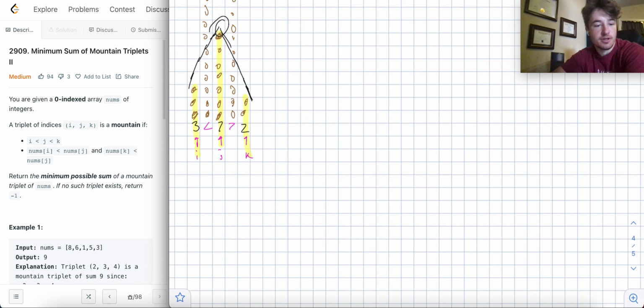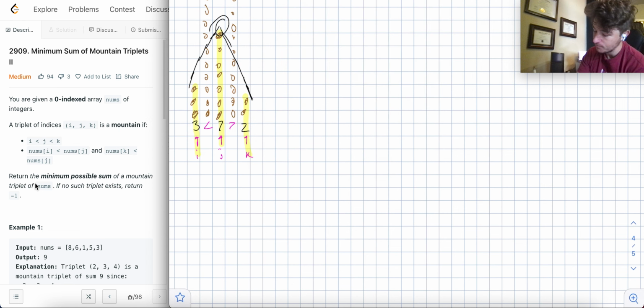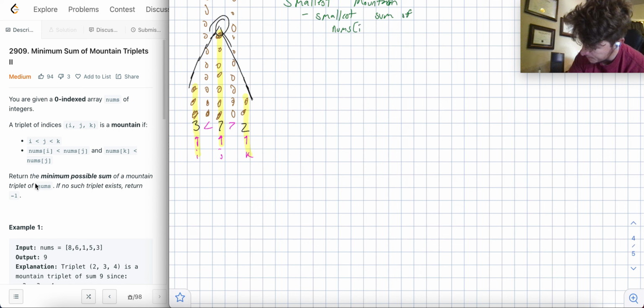All right, so we're going to return the minimum possible sum of a mountain triplet. So we're trying to find the smallest mountain. We want the smallest sum of nums of i plus nums of j plus nums of k.